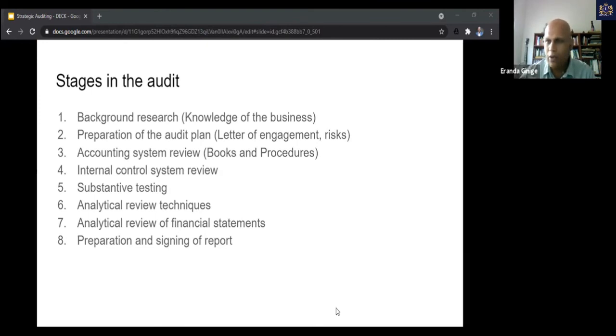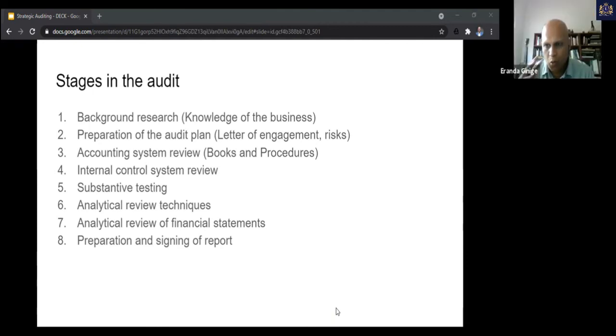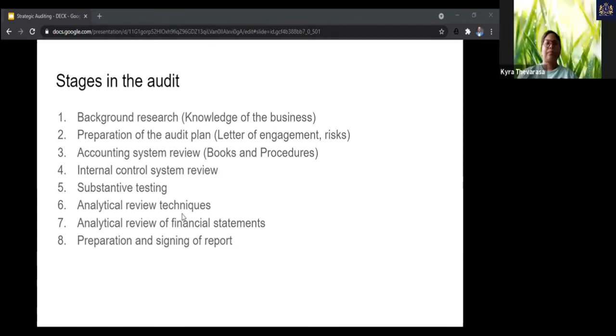Then they need to have meetings with some of the key staff members in the beginning to get an understanding, and read any kind of published data that the company might have on their website, their previous annual reports, and whatever. And then with that really good understanding, they will start preparation of the audit plan, right?